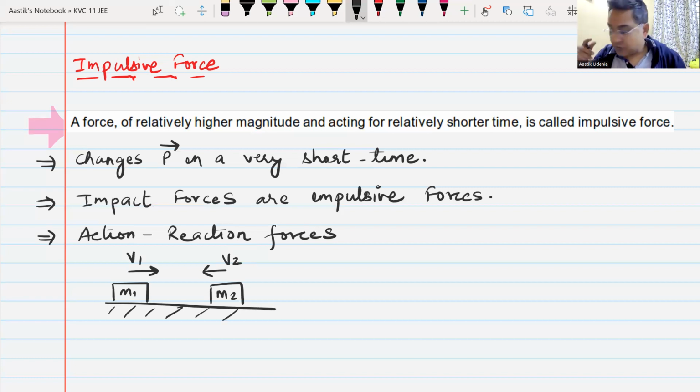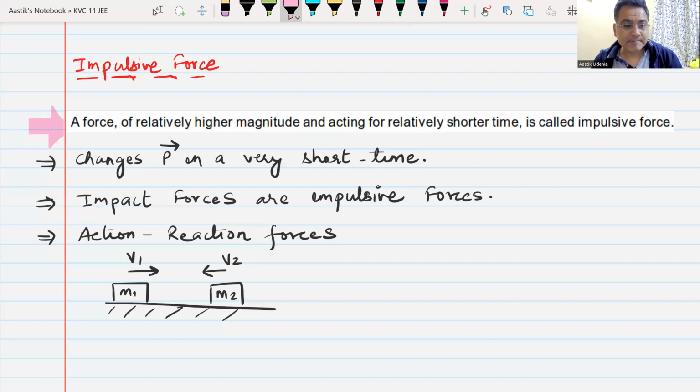Now, body 1 will exert impulsive force on body 2. Body 2 will also exert an impulsive force on body 1. What will be the direction of impulsive force exerted by body 1 on body 2? Anyone? They collide like this. What will be the direction of impulsive force acting on body 2 by body 1?